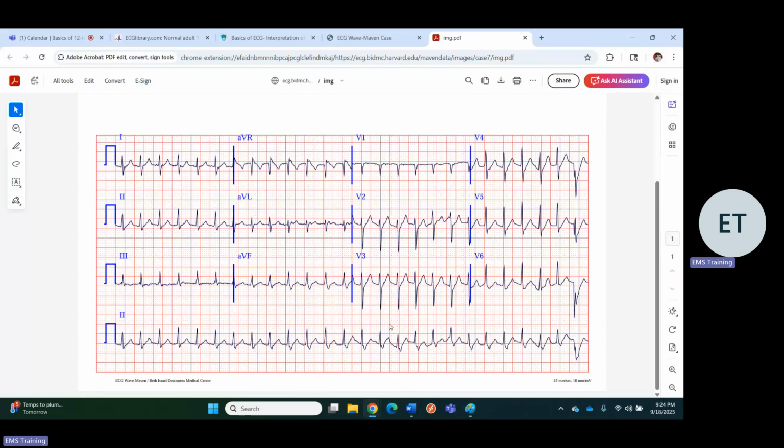Some sort of fusion. The R wave transition is delayed, but it does transition. The T waves honestly look okay. They're a little flat in lead 3. Isolated T wave abnormalities in lead 3 without clinical context, in my opinion, doesn't really mean much.